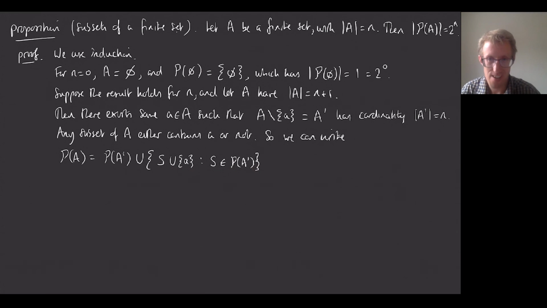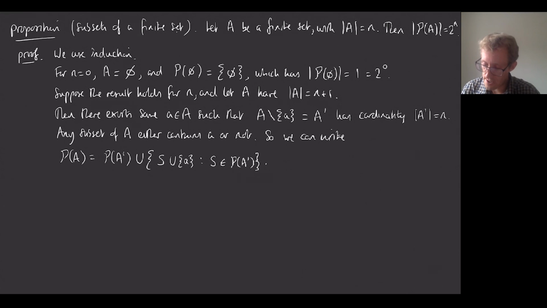But both of those are the same as the cardinality of this, because the number of elements in this set here is just the same as the number of elements in this power set. And we know both of those from the inductive hypothesis are 2 to the n.